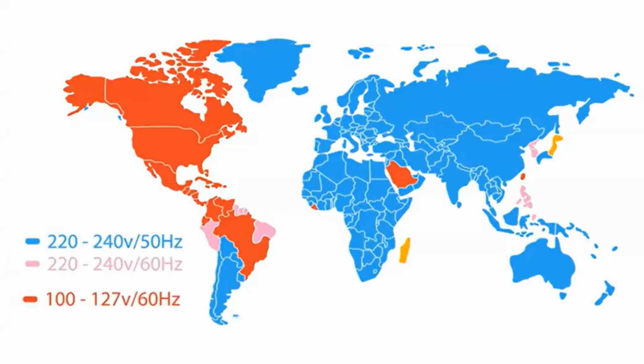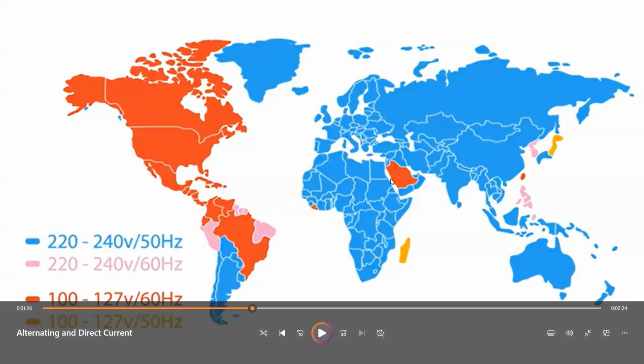The frequency of alternating current, as you see here, based on the colors, you can know the type of generator being there. In Egypt, for example, we have AC current similar to Europe, but Saudi Arabia has AC current similar to the US.